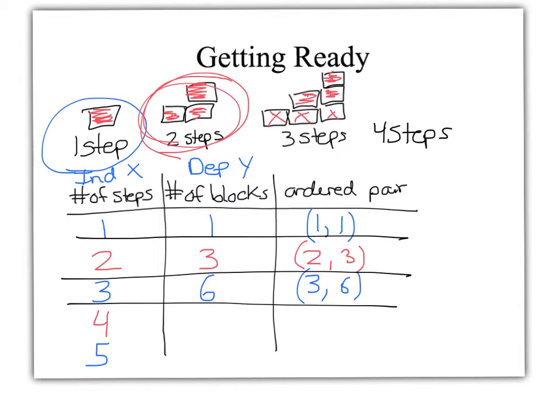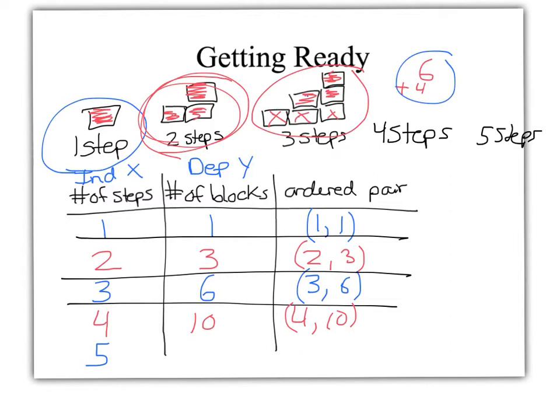Okay, so 4 steps, we're going to have these same 6 blocks, and we're going to add 4 blocks below it. Okay, so we would have 10 blocks, and the ordered pair would be 4, 10. Then for 5 steps, we're going to have this same 10 blocks, and we're going to add 5 blocks onto the bottom of it, so we would have 15. And there's different ways you could look at this, but that's just kind of how I visualized it.